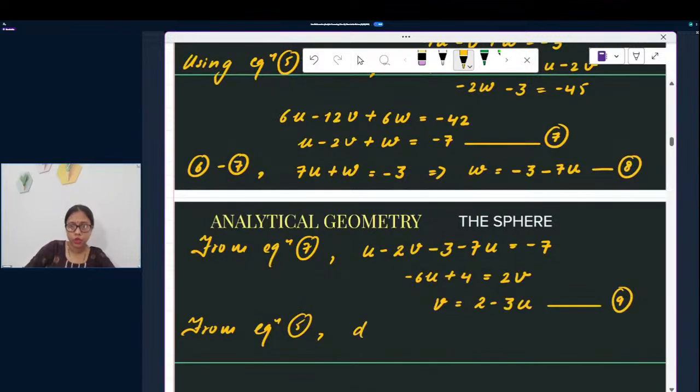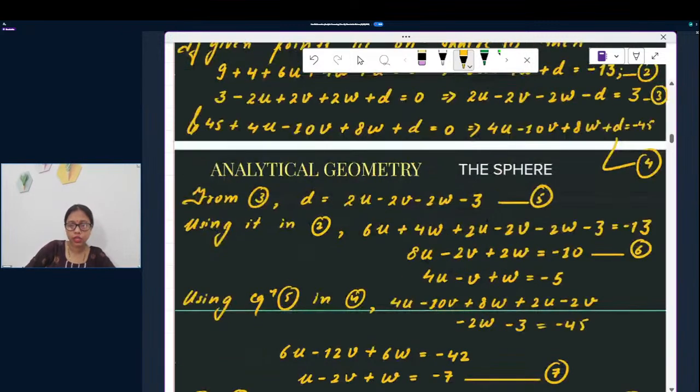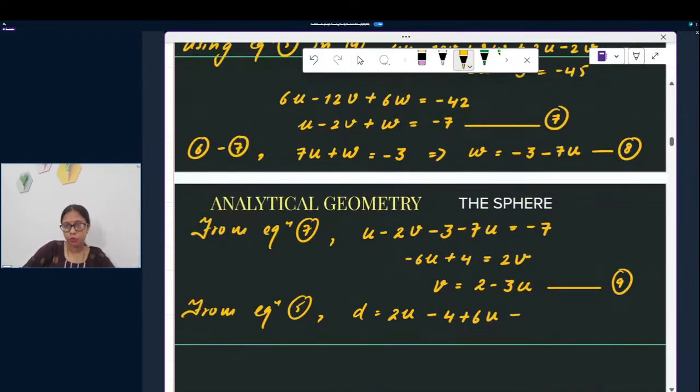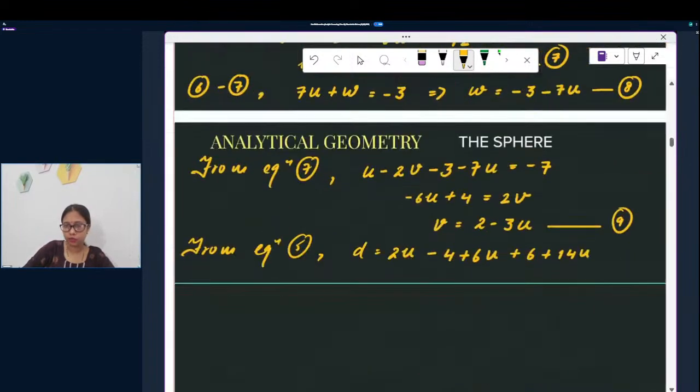D is 2 times U minus 2 times V, so minus 4 plus 6U minus 2 times W plus 6 plus 14U minus 3, which gives U minus 1.